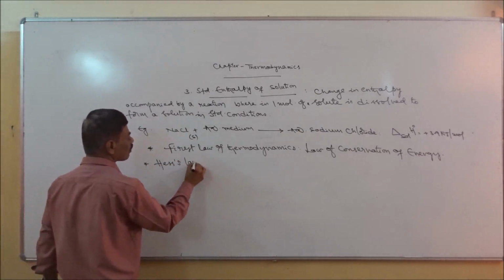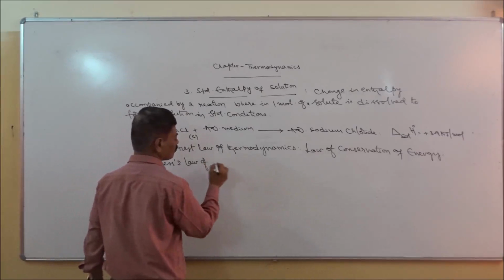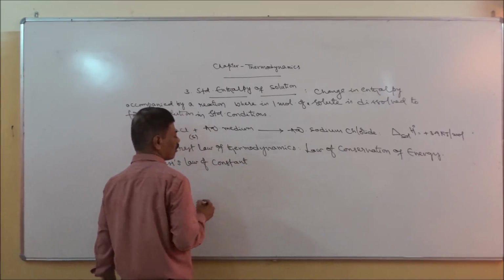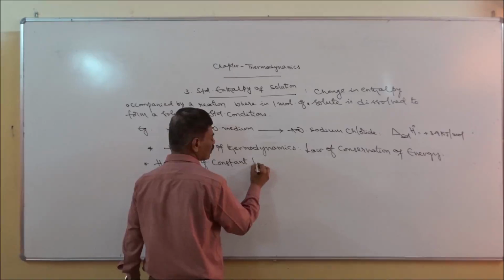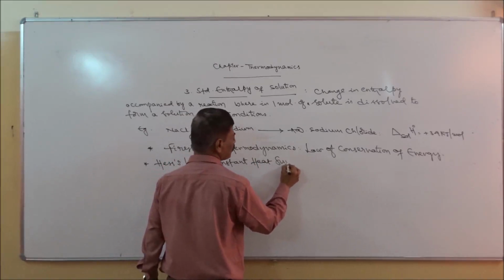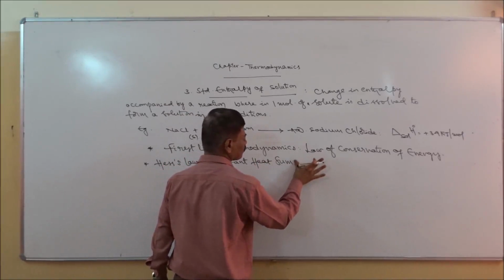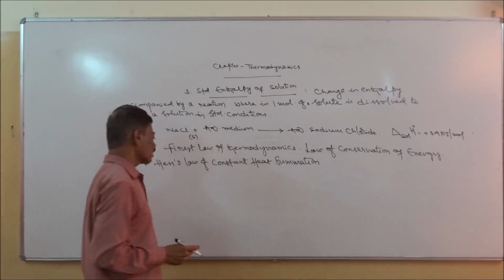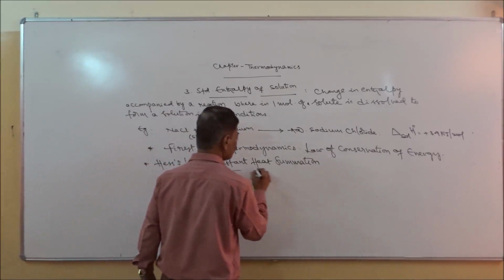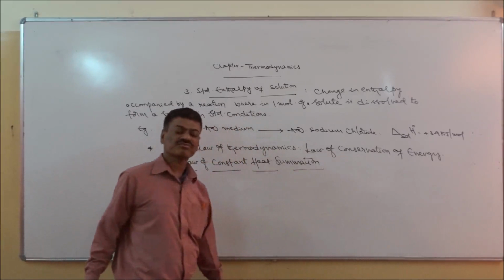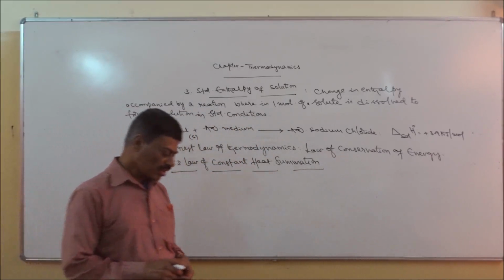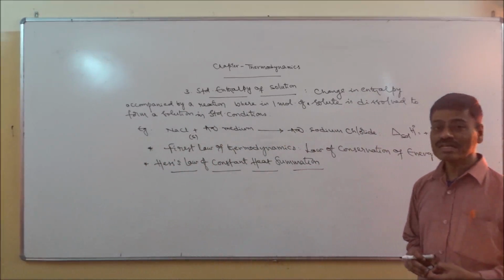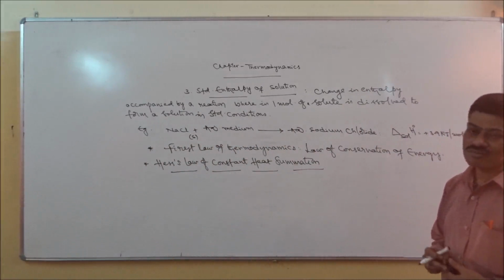Hess's law of constant heat summation. So why here heat is written is it is nothing but energy and it remains same whether that reaction is going to take place in single step or in multiple steps, means in more than one step.